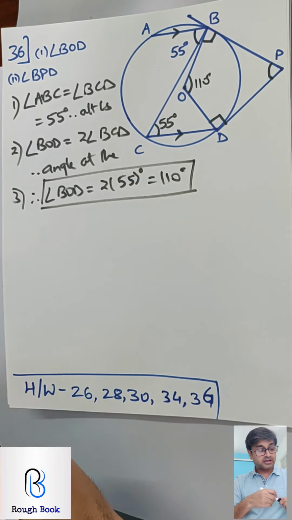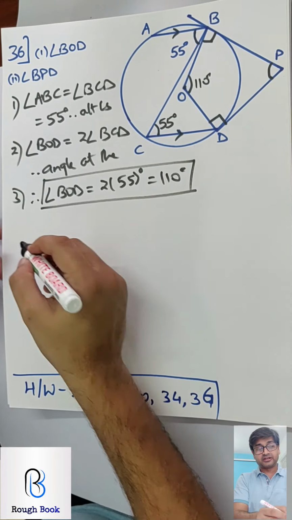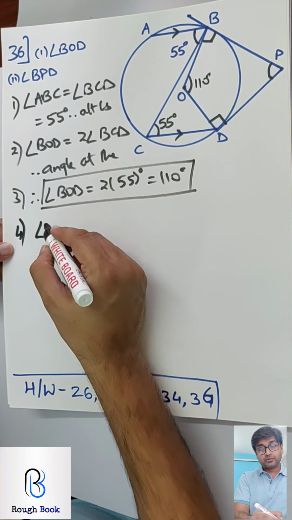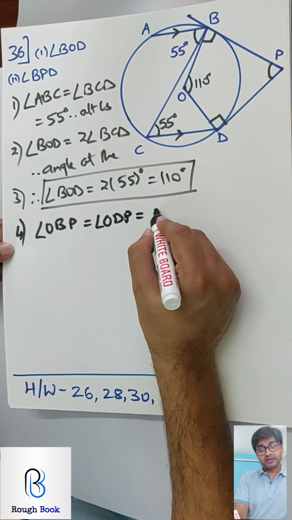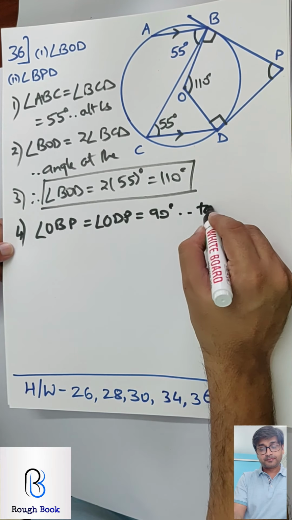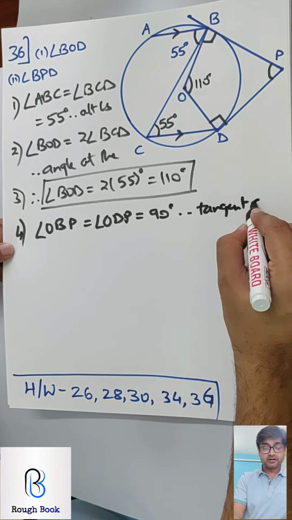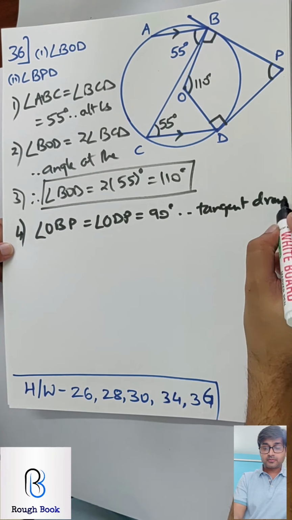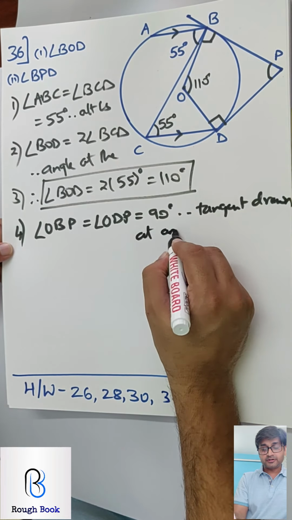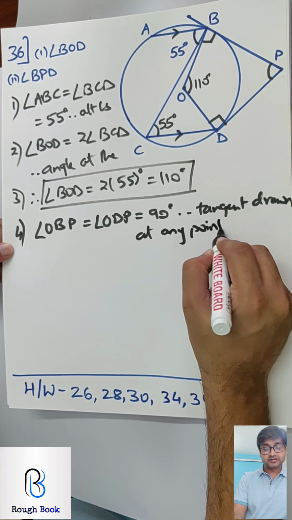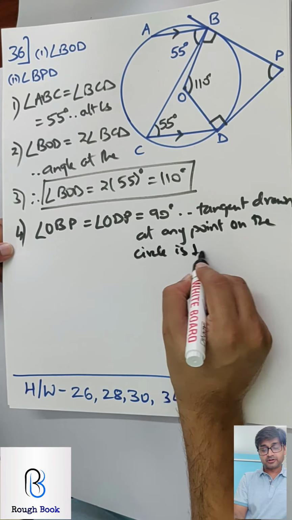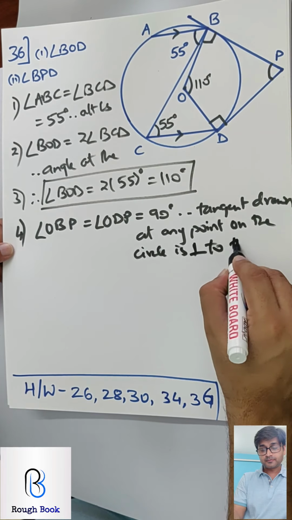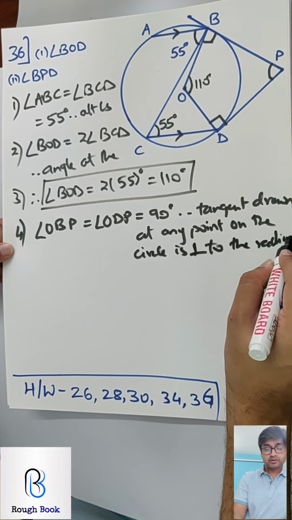Now for the last part, BPD. First we'll have to say these two angles are 90. So we'll say angle OBP is equal to ODP is equal to 90. Tangent, come on, complete it. Tangent drawn at any point on the circle is perpendicular to the radius through that point.